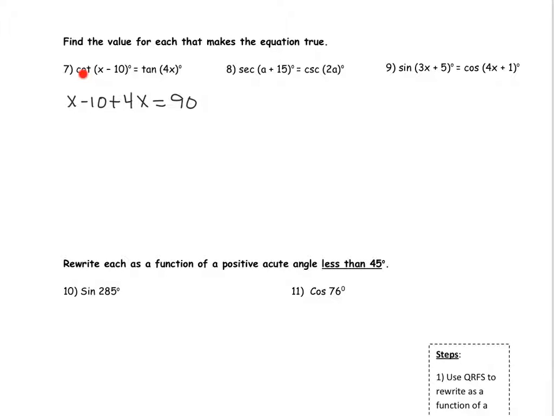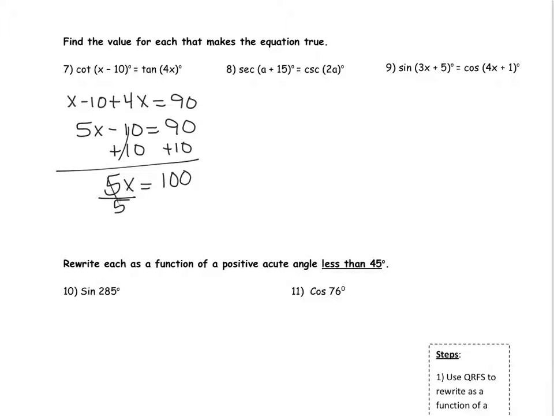Because remember, cotangent and tangent are cofunctions, and they're equal if this angle plus this angle add to 90. So I just make an equation. Combine like terms and solve. So x is equal to 20.